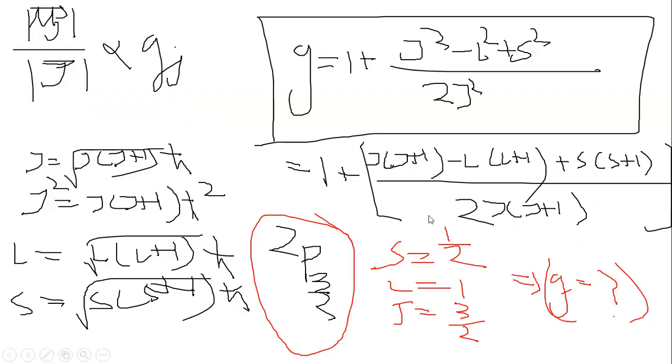So if we put all these values, we can calculate the value of g. Then g will be 1 plus J into J plus 1. J is 3 by 2, so 3 by 2 into 3 by 2 plus 1 is 5 by 2, minus L into L plus 1.